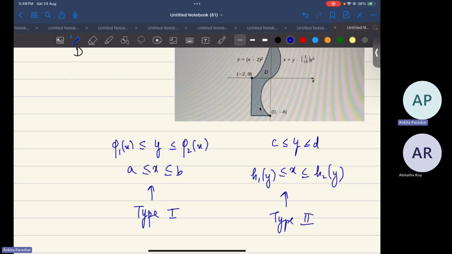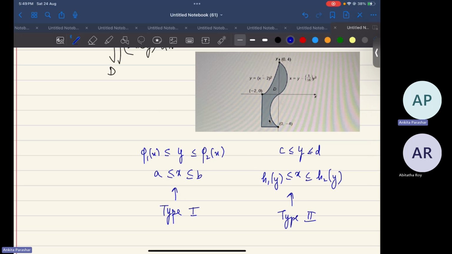Now, how to judge, I think first you try, then I will tell how to see. Can you partition the graph in such a way that the 2 or 3 domains in which you partition it will be type 1 or type 2?